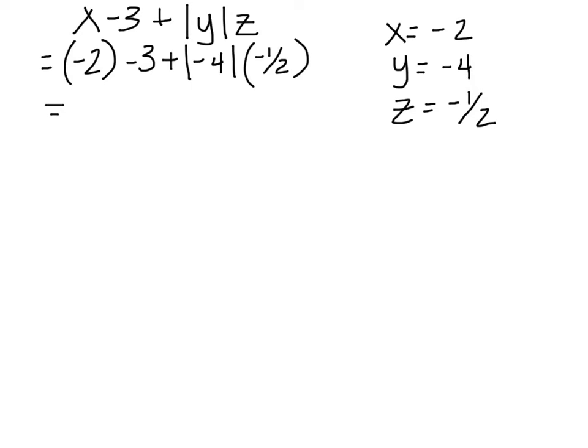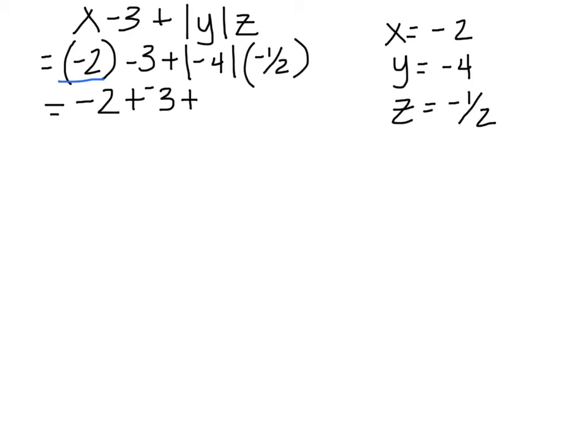So I have a negative 2 minus a 3 plus the absolute value of negative 4 times a negative a half. So according to GEMDAS, I have to do my grouping symbols. Well, the first grouping symbol is only here because it's the value that I dropped in. So if I want to remove it, I can. But I'm just going to change my subtraction along the way. I haven't really changed any problem, but I'm going ahead taking care of the parentheses as I go.